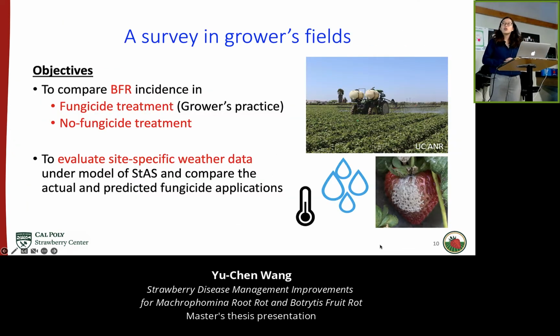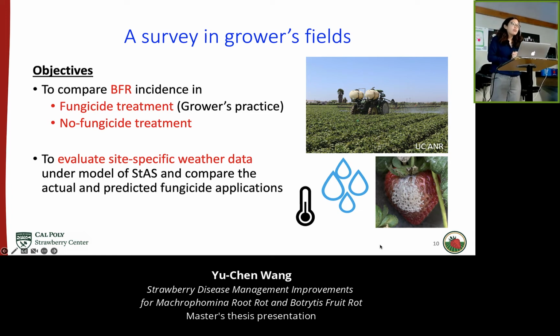So as we all know, California has a Mediterranean climate with very dry summers. And knowing that botrytis fruit rot is a disease favored by free moisture, we are wondering whether frequent fungicide application is necessary here in California. To answer that question, we conducted a survey in growers' fields.